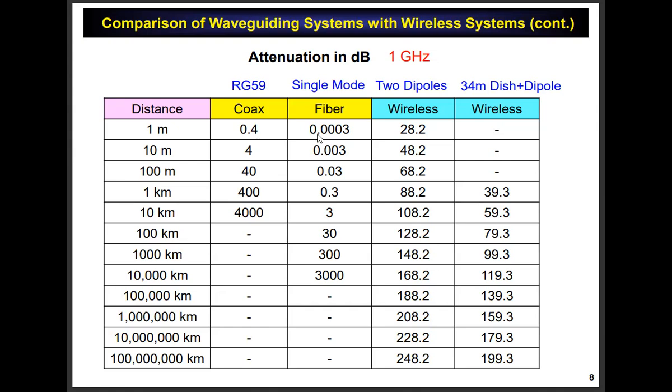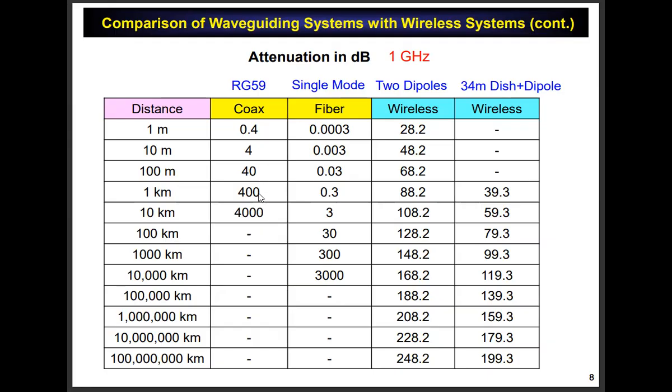The fiber has an attenuation of 0.0003 dB per meter. Now, if I go 10 times the distance, it's 10 times the dB, right? Because it's dB per meter. If I go 100 meters, 100 times the distance, it's 100 times the attenuation, right? 100 times the dB. So since the total dB is proportional to distance, it doesn't take very long before the dB is going to kill you, right? I mean, what's acceptable? How much loss can you tolerate in a practical system? 4 dB, almost for sure. 40 dB, maybe.